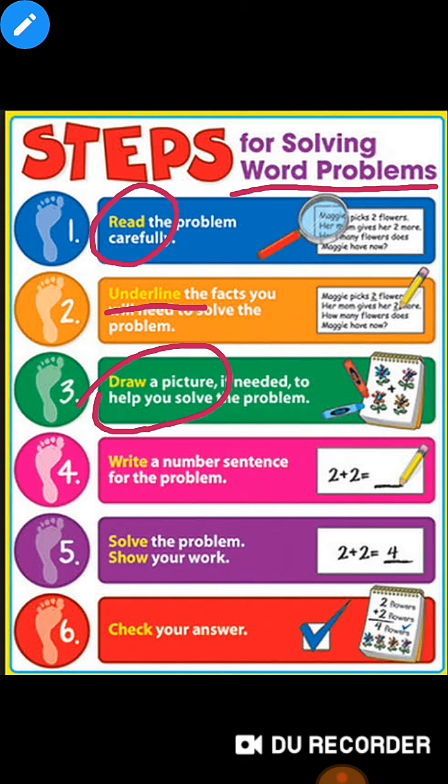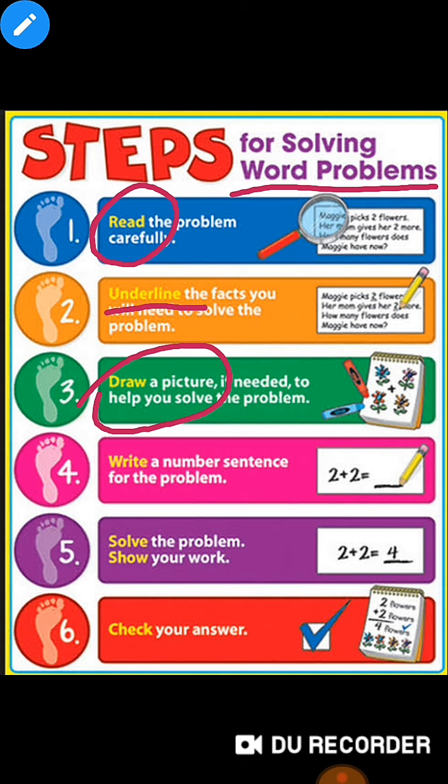If they are asking you the product or times, then you are going to do multiplication. And in case they have given you a big long thing and they have divided it into equal parts, and they are asking you how many parts it has been divided into, you are going to use division.